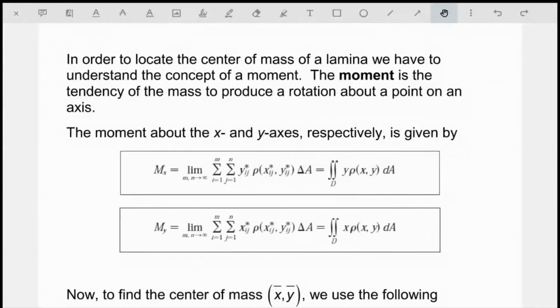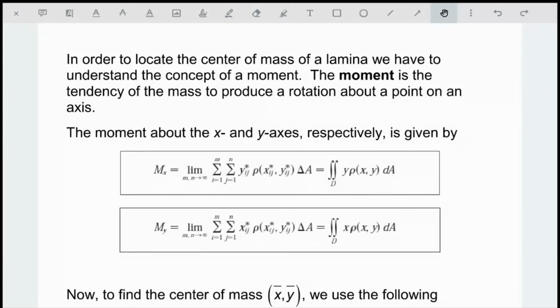Okay, so when we look at this, we have to concern ourselves with what we call a moment. And the moment is the tendency of the mass to produce a rotation about a point. So if we're at some point on our object and we're not at the center of mass, it's going to want to rotate either in the x direction or the y direction or both.